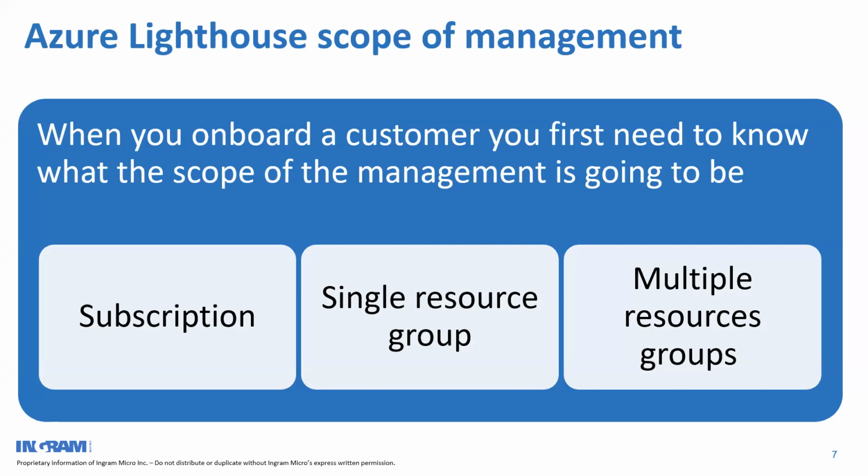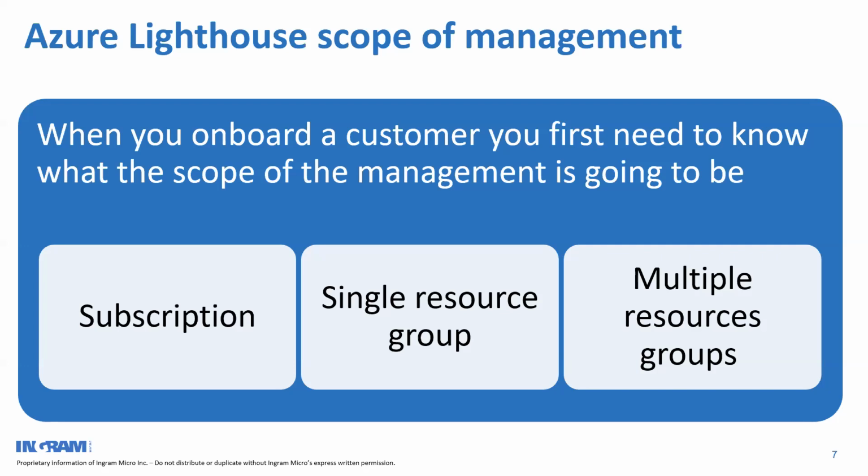From Azure Lighthouse, you can have the entire subscription being projected, which means all the resources, or the customer can just give you access to a single resource group where only the resources which are part of that resource group get projected, or your customer can have multiple resource groups being projected, right?